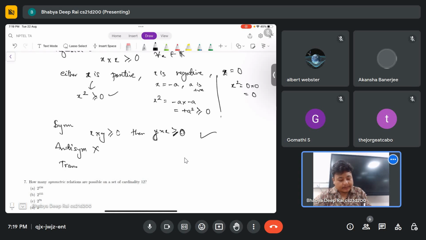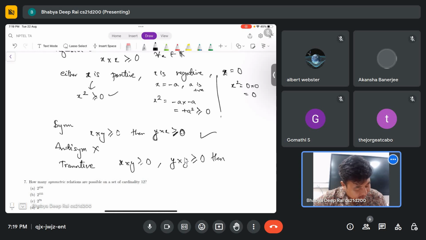Transitive. x times y is greater than or equal to 0, y times z is greater than or equal to 0. Then is it true that x times z is greater than or equal to 0?